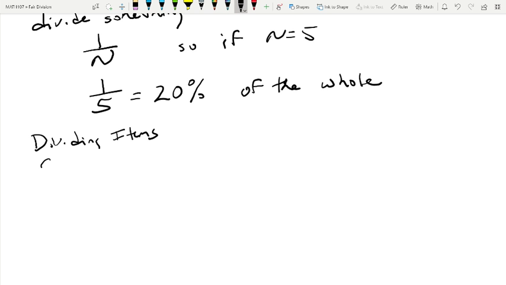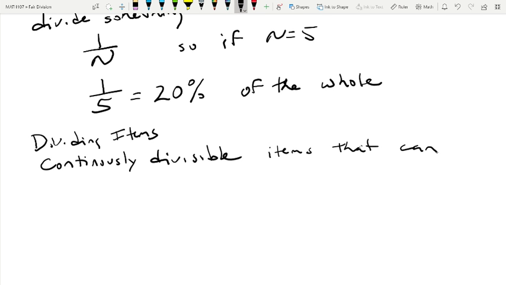One can be continuously divisible, meaning items that can be divided into smaller and smaller pieces.